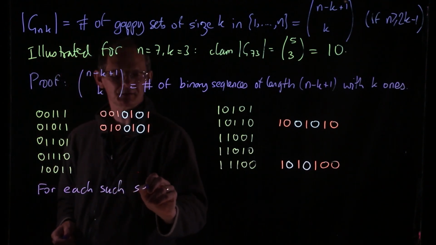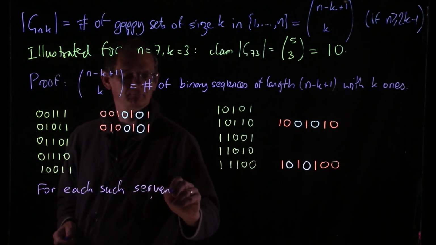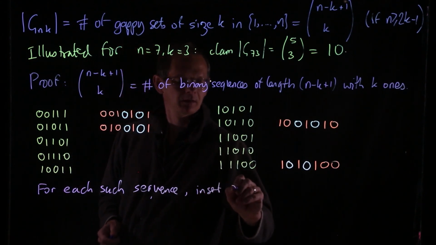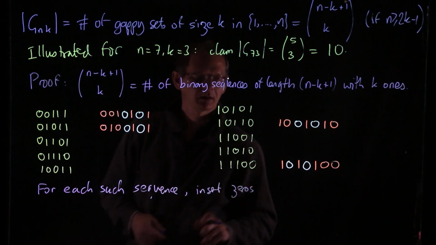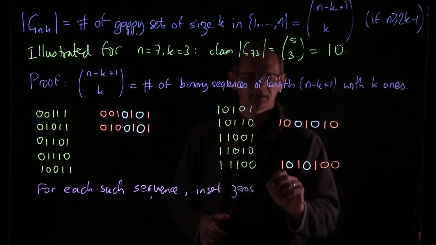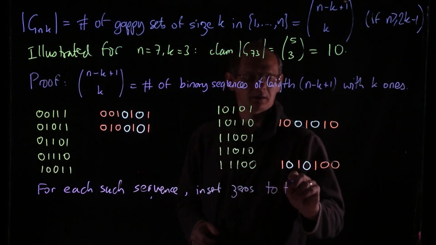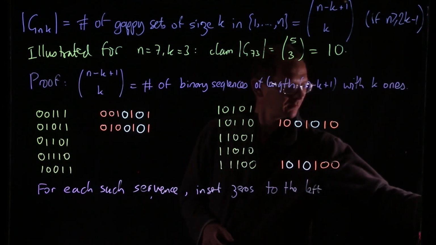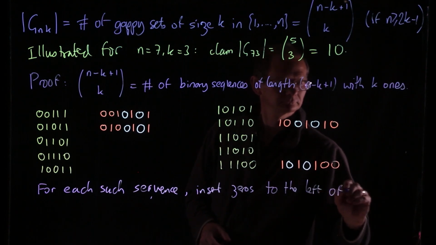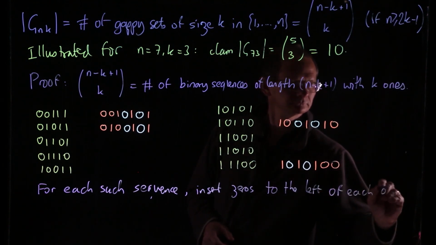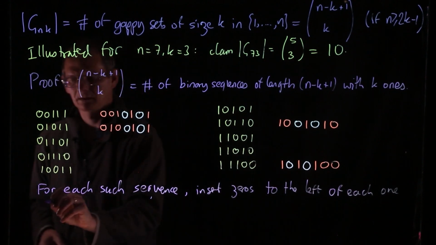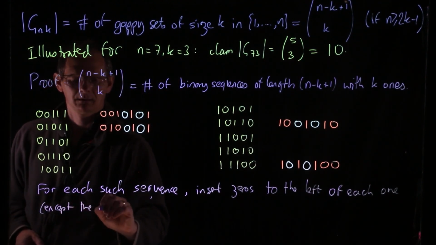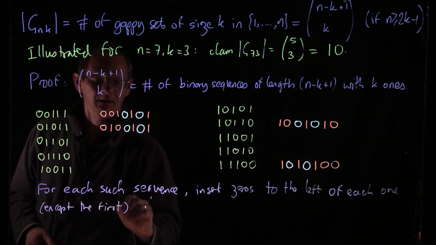For each such sequence, we insert zeros to the left of each one, except for the first one.